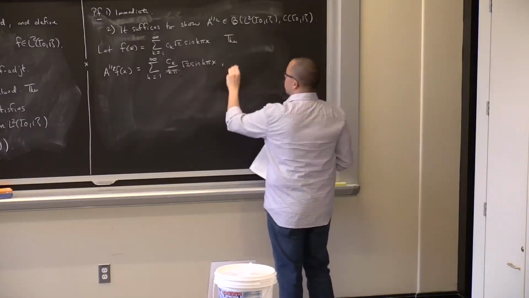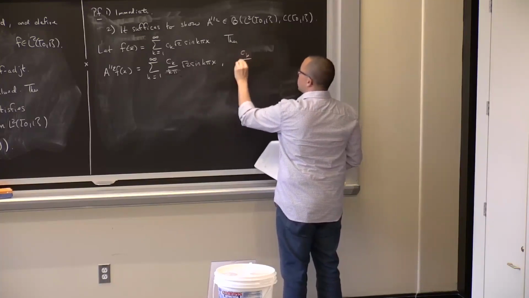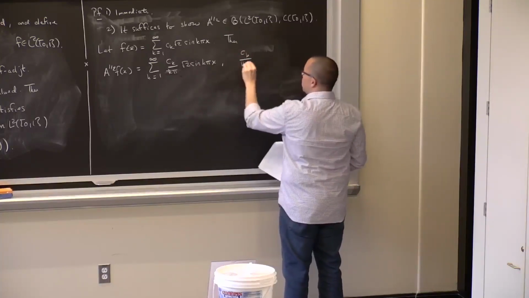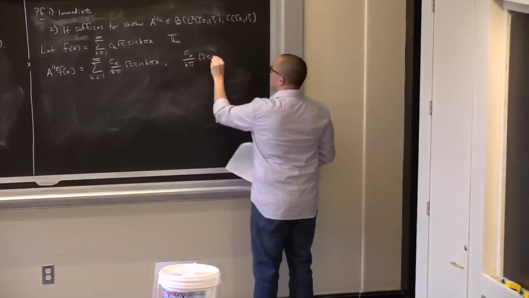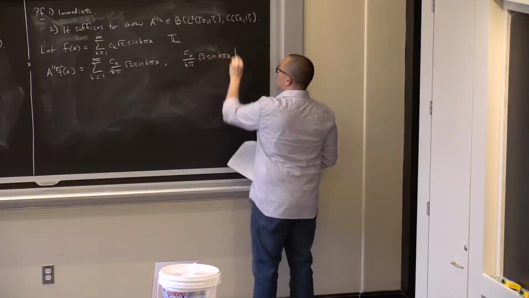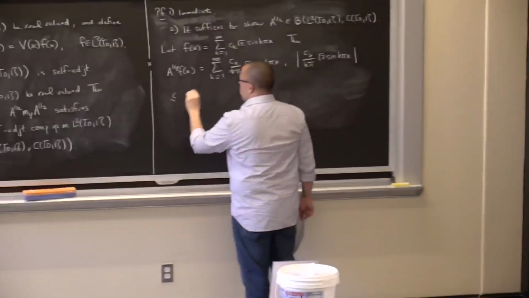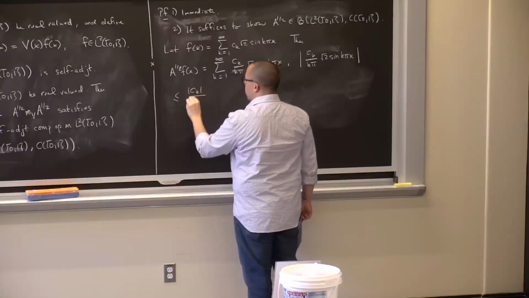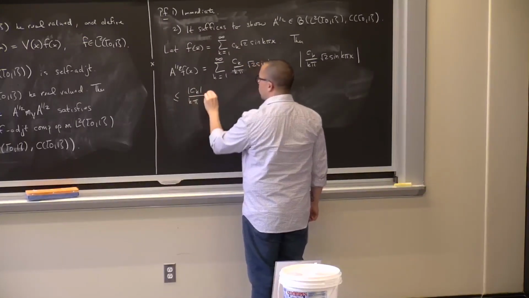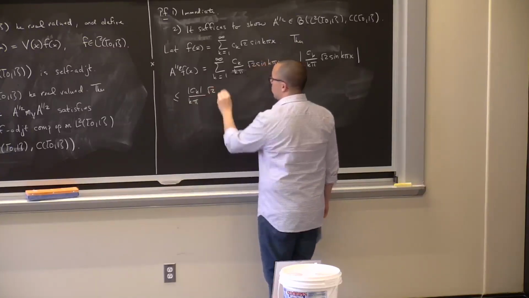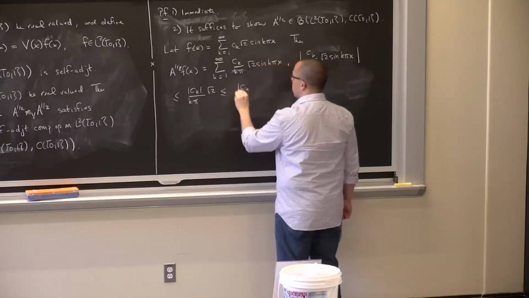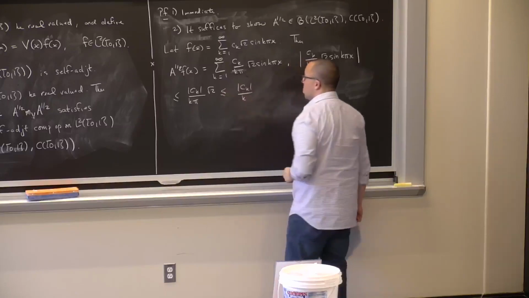So I have this, and then I also, if I take the absolute value of that, it's less than or equal to c_k over k pi square root of 2, which is less than or equal to c_k over k.